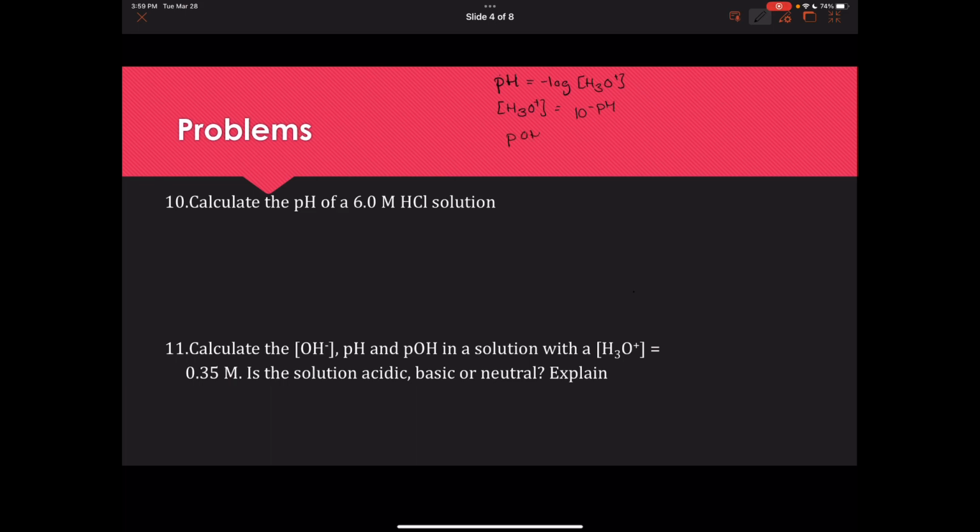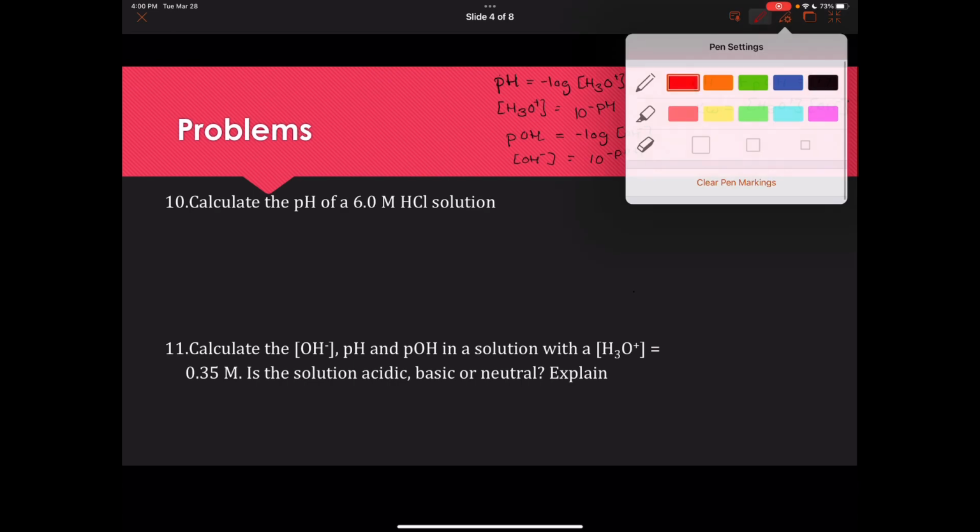We have pOH equaling the negative log of hydroxide. We have hydroxide equaling 10 to the negative pOH. And then we have pH plus pOH equals 14. And we have Kw equals hydronium times hydroxide. This is our toolbox that we can use to pull from in order to solve problems.